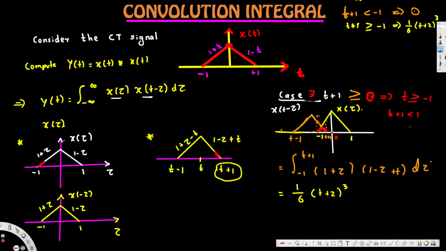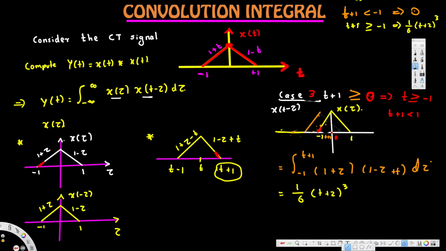Okay, so let's go ahead and draw that one. If it's between 0 and 1, we are going to have something like this. Let's go ahead and draw this one.